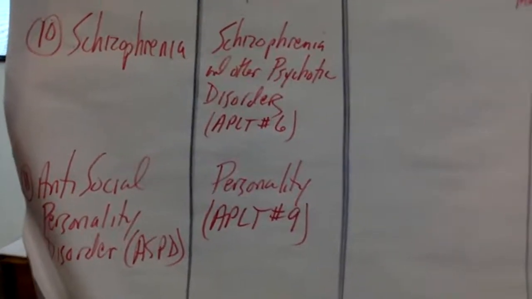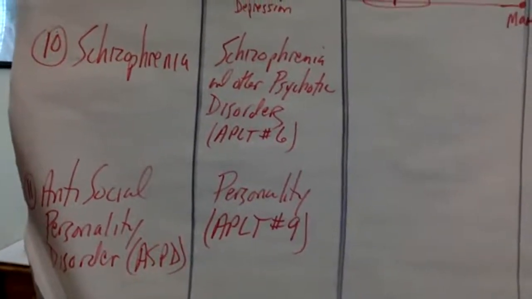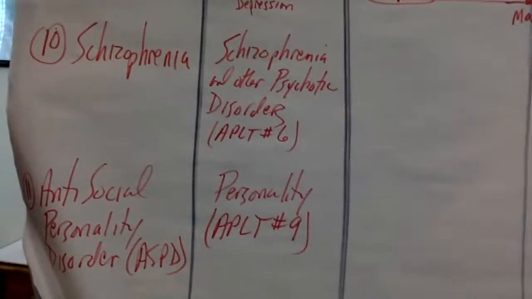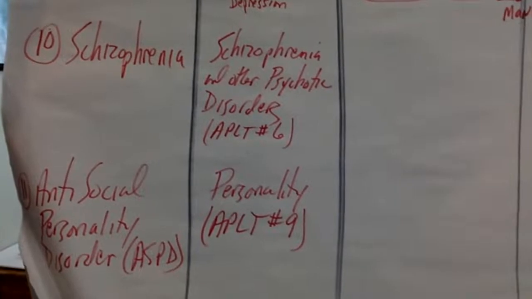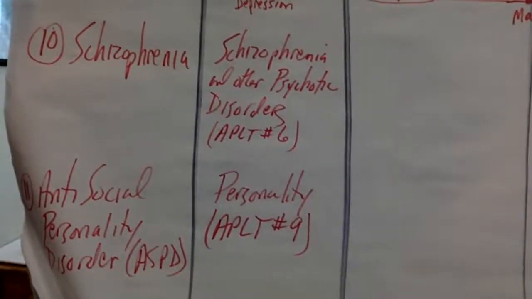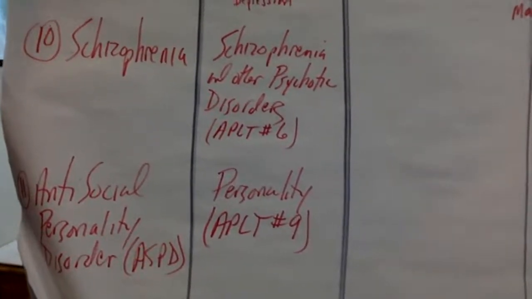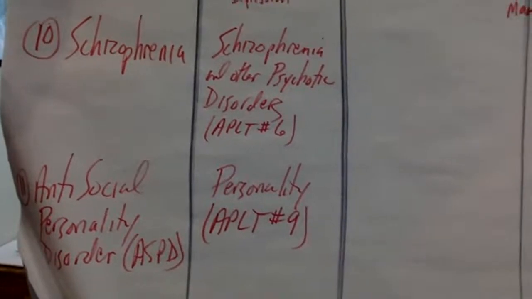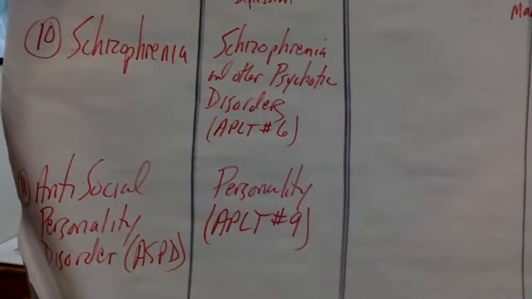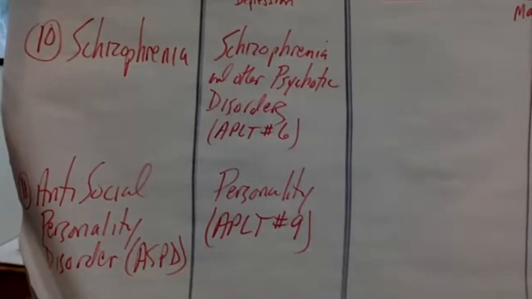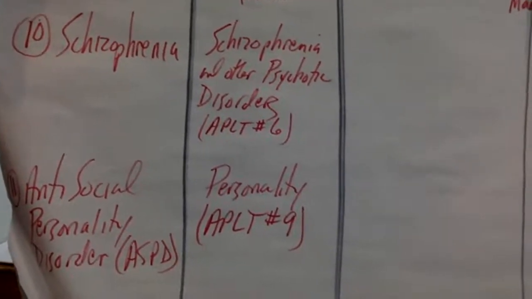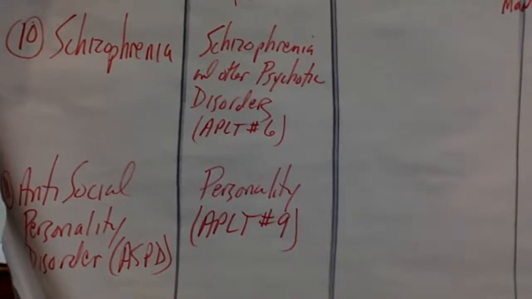Schizophrenia is under the category of schizophrenia and other psychotic disorders. That's AP learning target number 6. And antisocial personality disorder is under personality disorders, and it is AP learning target number 9.